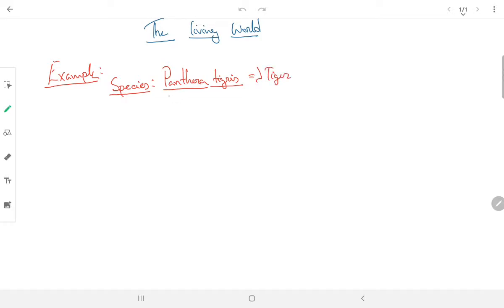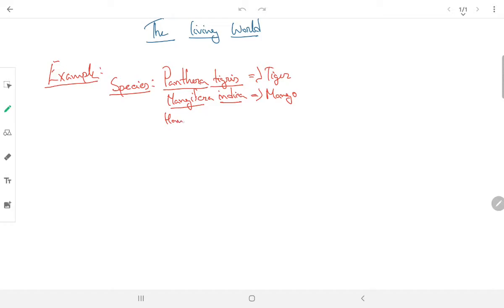Let's take up more examples. Mangifera indica. This is mango. This is now the season of mango. Here we are getting it at 250 rupees per kilo.